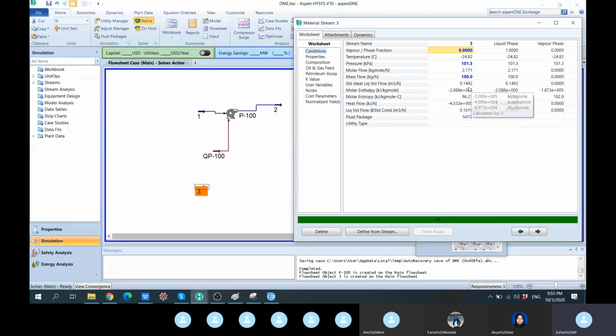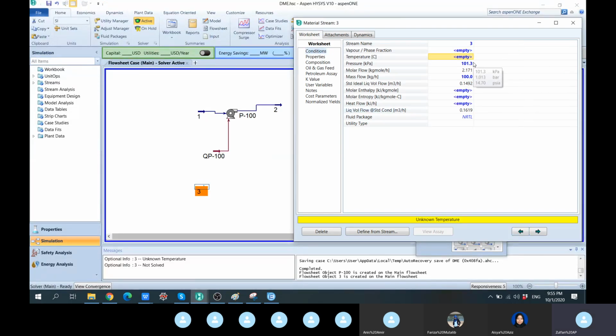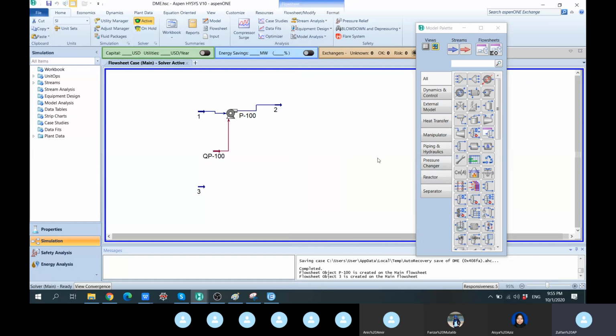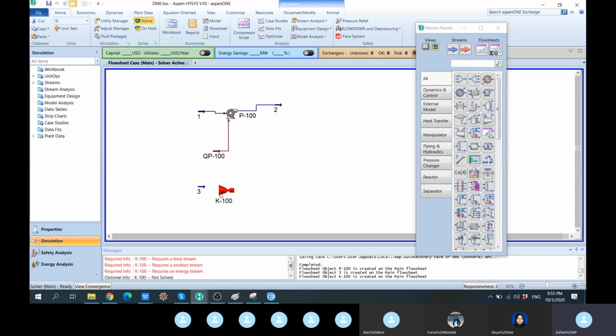Okay, so let's go back to business. We have 25 degrees C, which means this is already a superheated vapor. We want to compress this, so let's go to the compressor. If you don't know which one it is, just hover the cursor over it and it will show you the compressor.